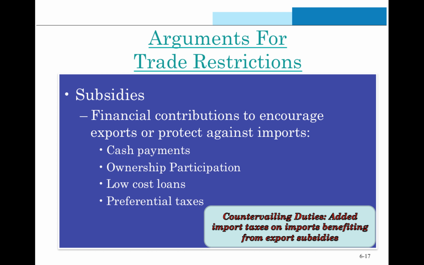It's a way of essentially giving a producer an unfair advantage in the export markets. So what ends up happening is, let's say, China is giving cell phone manufacturers in China some sort of a financial benefit or subsidy to export their product overseas, and that makes their product much lower in cost.